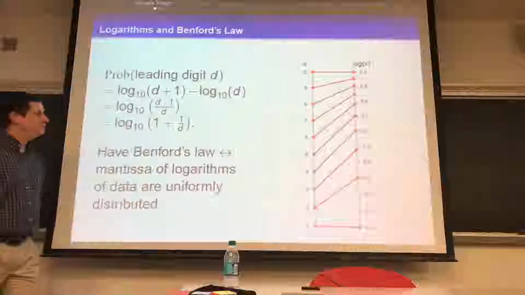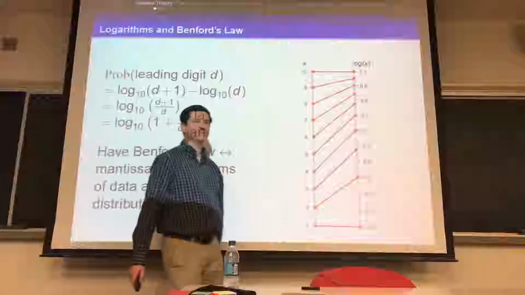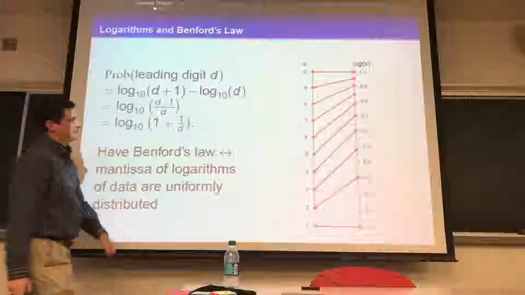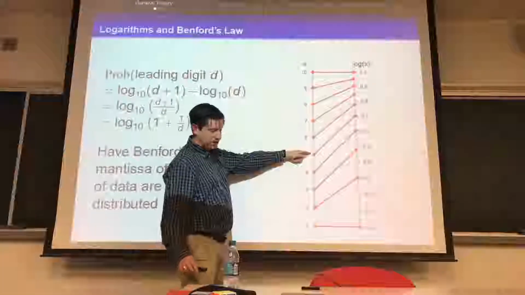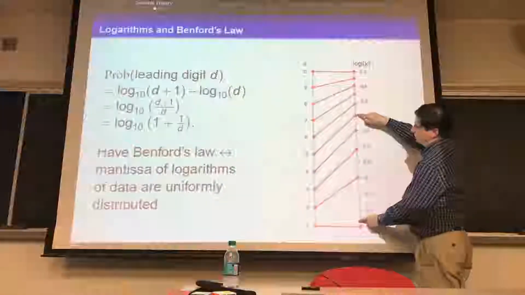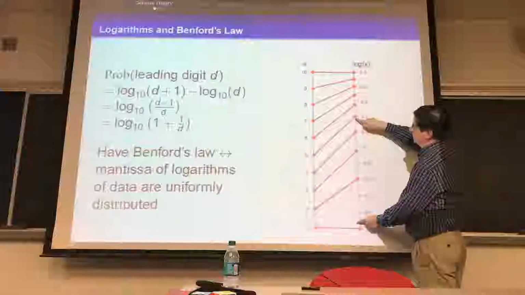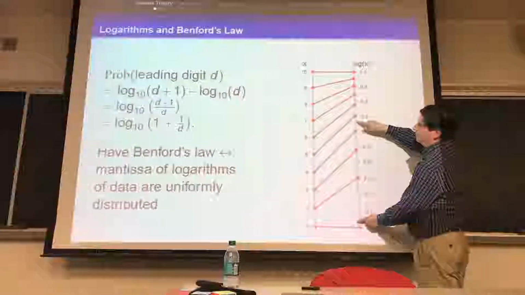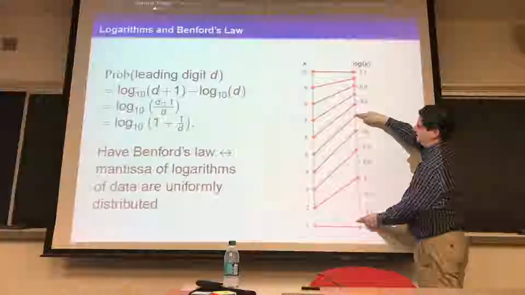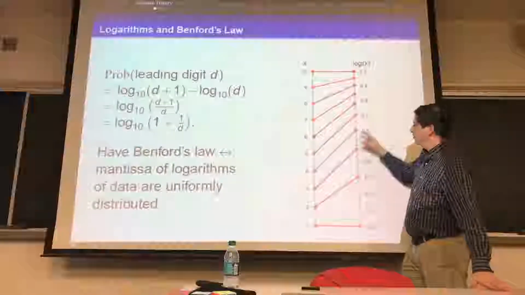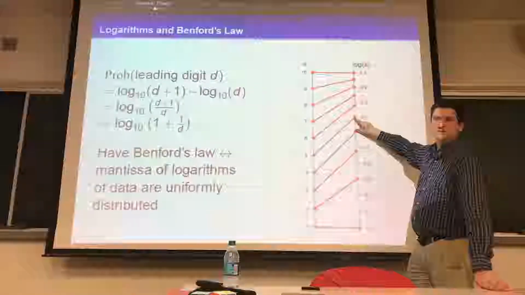If it's easier to view it vertically, we can view it vertically. And we can say, well, if I want to have a first digit of d, let's say d is 5, I look at the probability I am at most here, which is the log of 6 base 10, I subtract off the log of 5 base 10, and that will give me all the numbers in here.